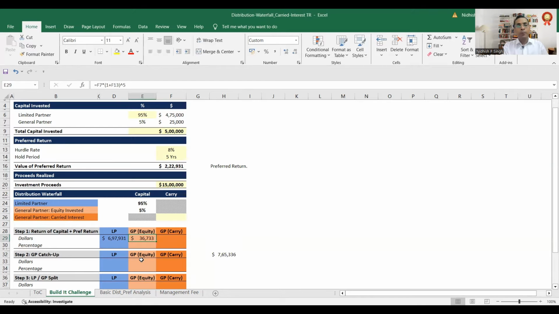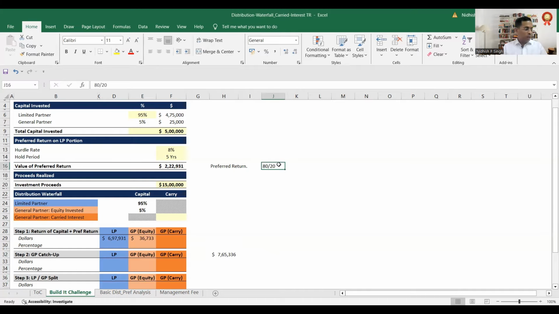That means we can pay GP catch-up. We need to check if there is still money left. So how do we calculate the GP catch-up? The concept of GP catch-up is we assume that whatever amount of money has been paid to the LP, which is the preferred return here only on the LP portion, we need to assume that this is 80%, because the entire GP catch-up is based on the notion of 80-20.